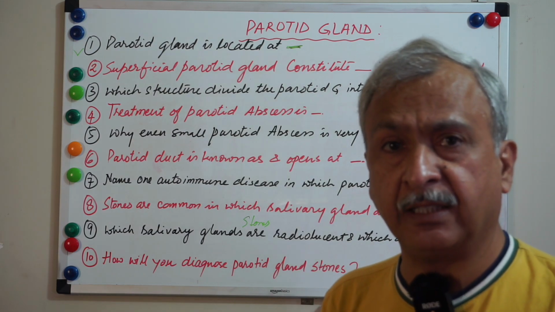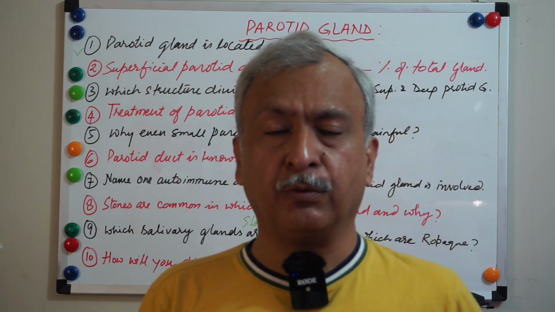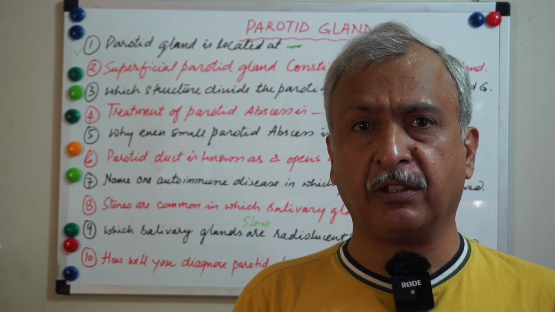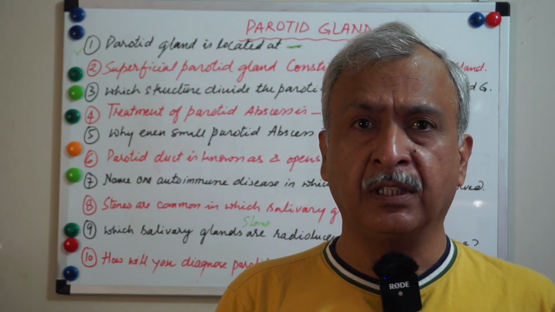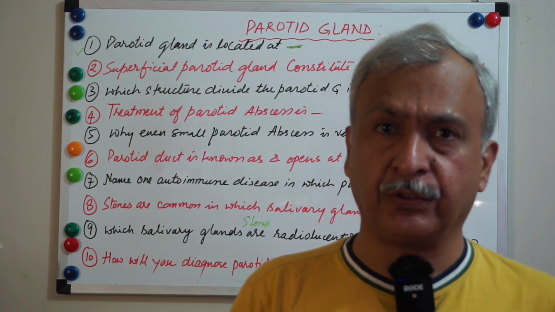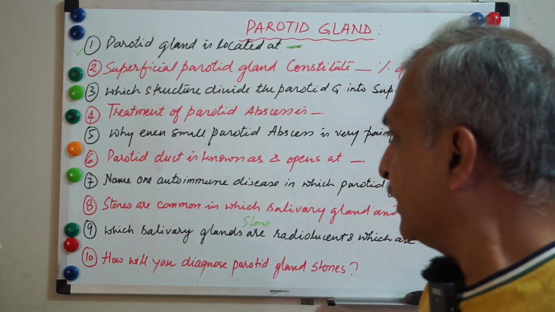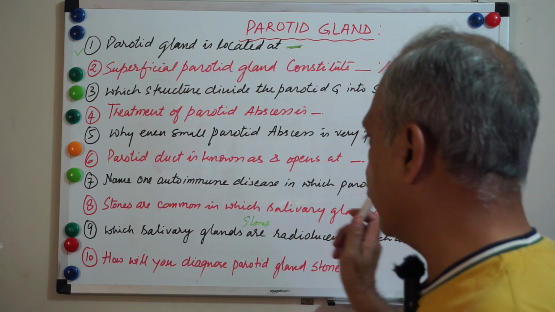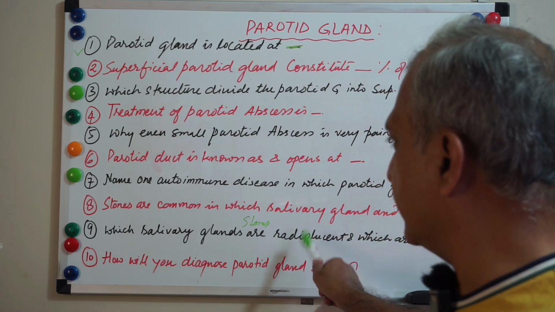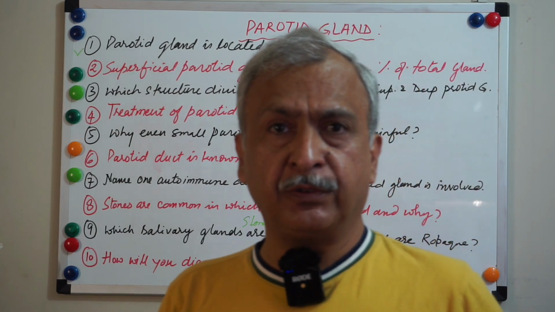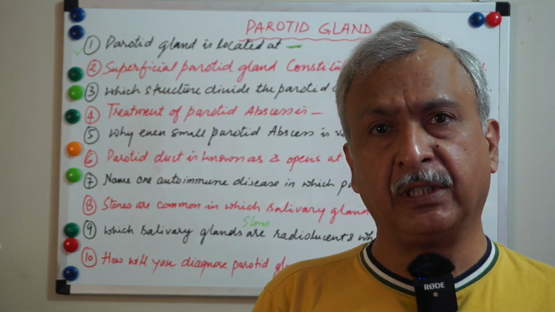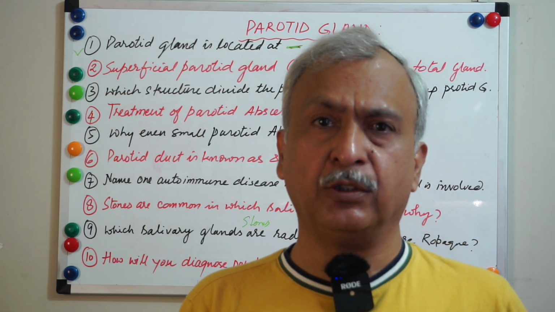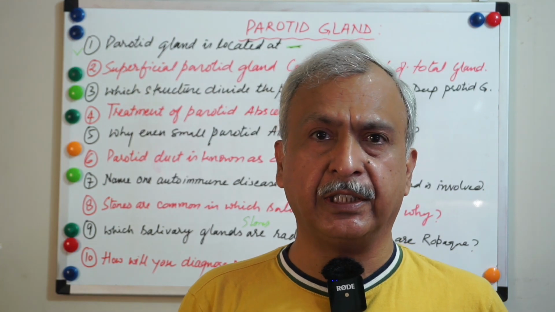If you know that this gland's stones are radiolucent, you cannot rely on the CT scan or X-ray, straightaway you will advise ultrasound for the detection of the stone. Then the last question is: how will you diagnose parotid gland stones? So the same question again in a different way. Suppose you are suspecting a stone in the parotid duct or in the salivary gland, and you know which stones are radio opaque and which stones are radiolucent.